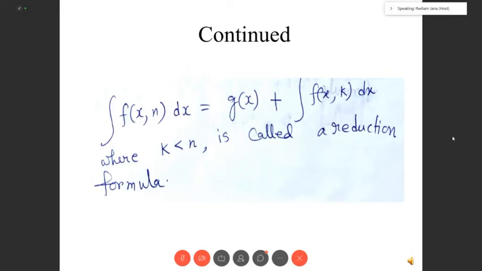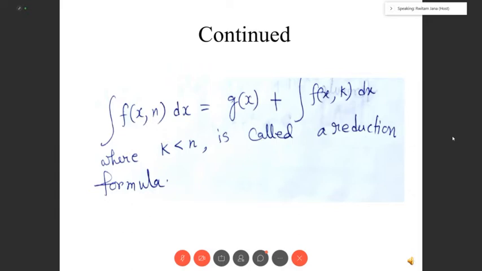Now if integration f of x comma n dx is equal to I suffix n, then integration of f of x comma k dx, we can write as I suffix k, where k is less than n.